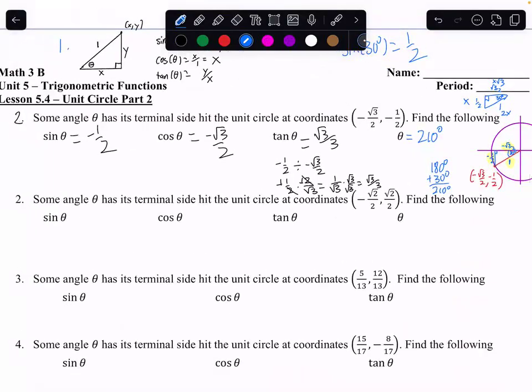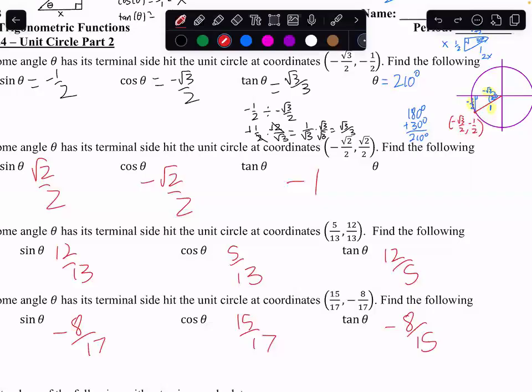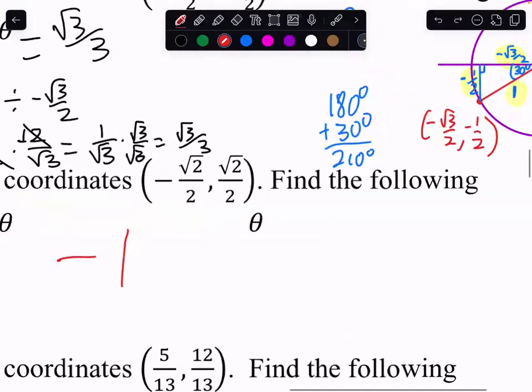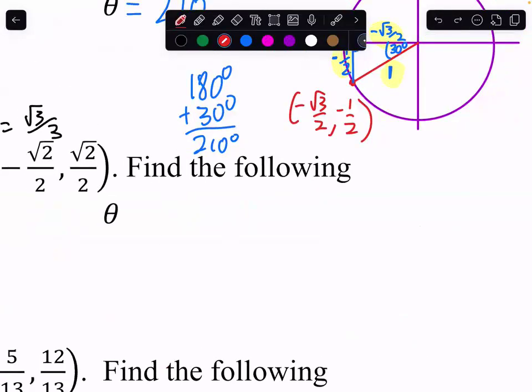Go ahead and try out the next three problems. Again, sorry, the numbering's different for your paper. Okay, so negative radical 2 over 2 comma positive.